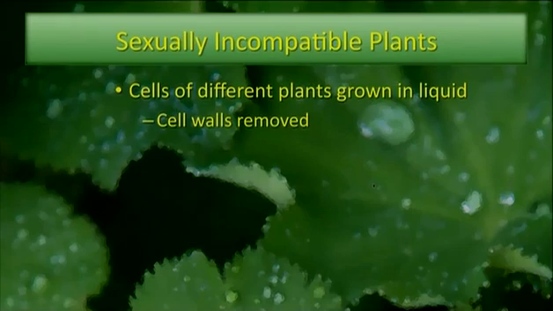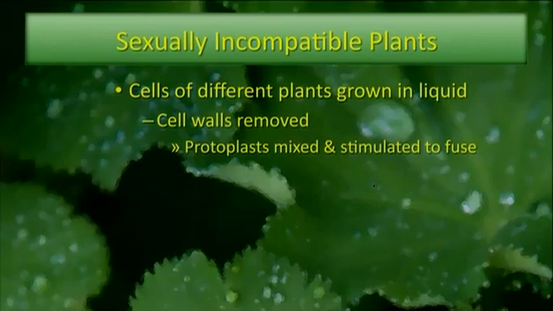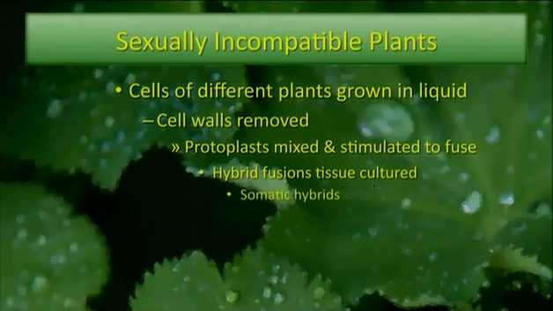Then the protoplasts are mixed and stimulated with electrical current or with chemicals to fuse. And these fusions are put through tissue culture in sterile conditions. And what you end up with are somatic hybrids, combining or hybridizing body cells, not through sexual reproduction.